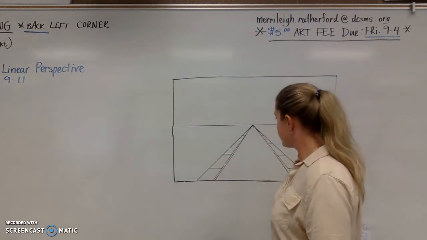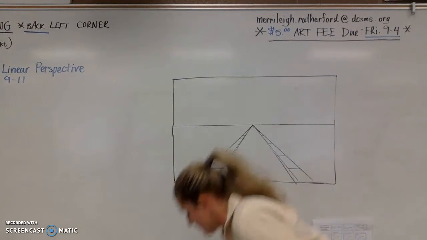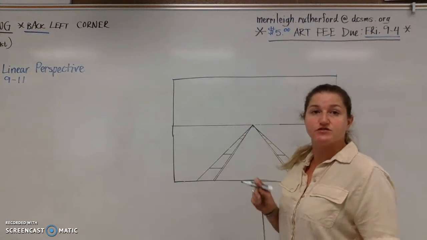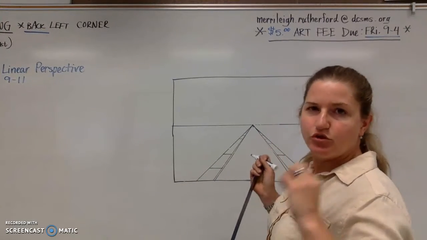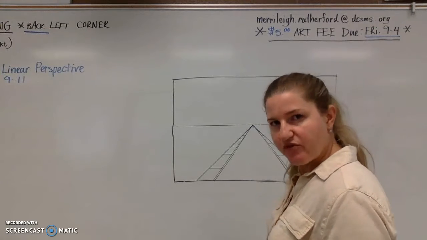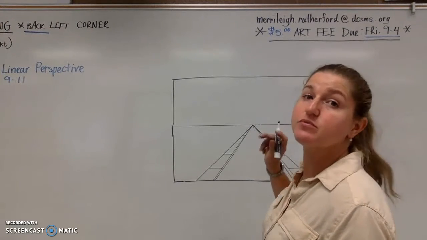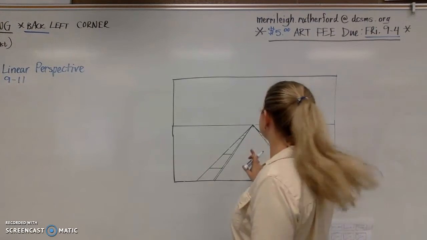There. So those lines will all be made with horizontals. Those are your smallest. You'll use very few horizontal lines. Most of your lines will be verticals, or they'll connect to your vanishing point, meaning they'll be orthogonals or diagonals.